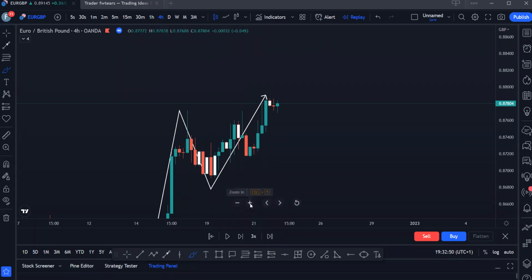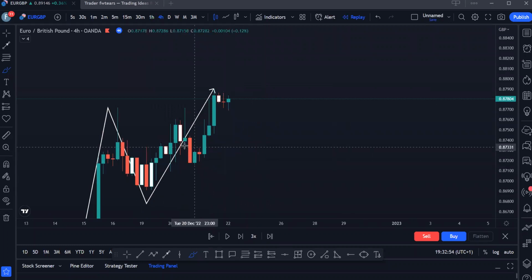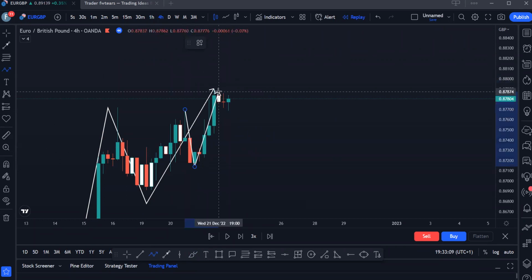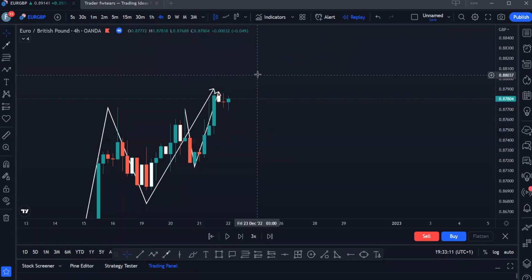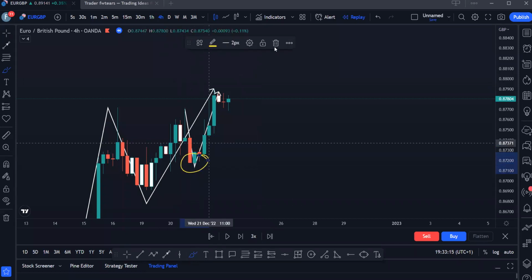And I'll recommend, in marking out support zones, mark out the last sell candle before the buy move happened. So over here, we can see the reversal. So price came down and then we saw a reversal. That means there's something responsible for that reversal, which is a support.